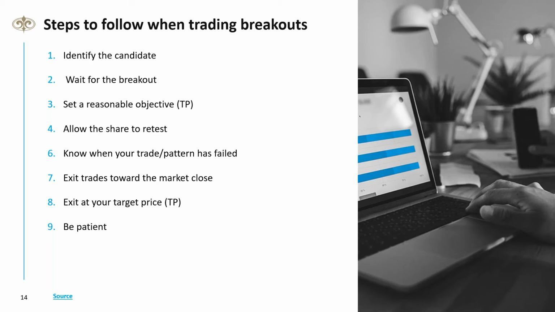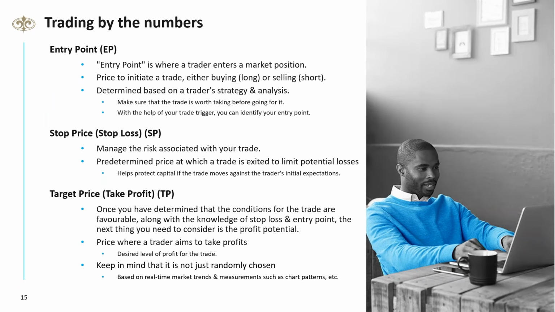Okay, so with this strategy you need to know when a pattern fails, and that's why it's important to have a stop loss. There are certain numbers that you need to know. In this scenario, I was talking about three numbers. You need to know the entry price, your entry point. This is where you enter into a market position.